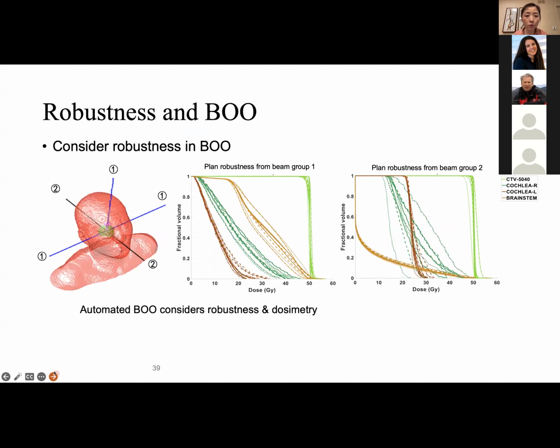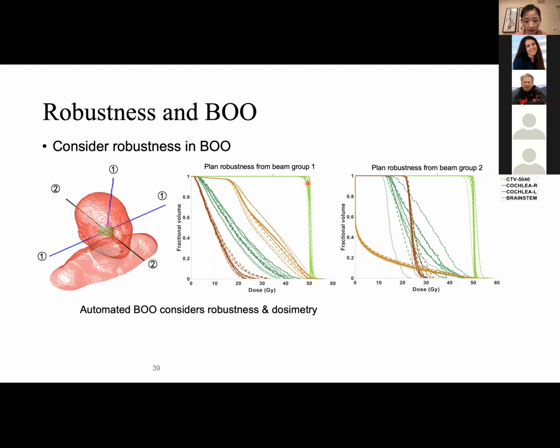Let's see how different beam arrangements can affect the plan quality. Here is a skull base patient, where the target is at the skull base, and we have two beam arrangements. The first is two lateral beams and one vertex beam, and the second is an anterior-posterior combination. Here are the DVHs of beam group 1 and beam group 2.